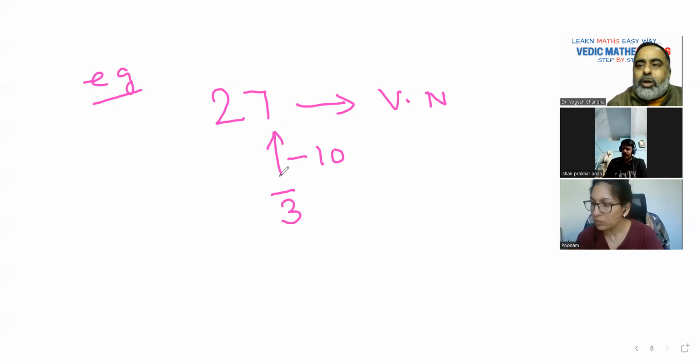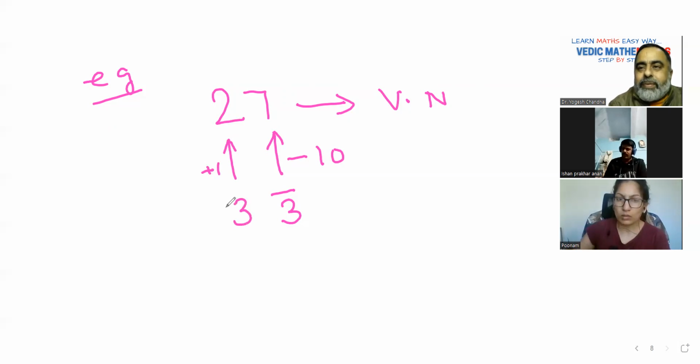Now we can go to rule number 2A. The number 2 is less than 5, yes. So I add 1, and the answer is 3 bar 3 bar. Then go with the first two digits, but we don't have any more digits right now, since I gave an example of 2 digits only. Okay, now I have done this.